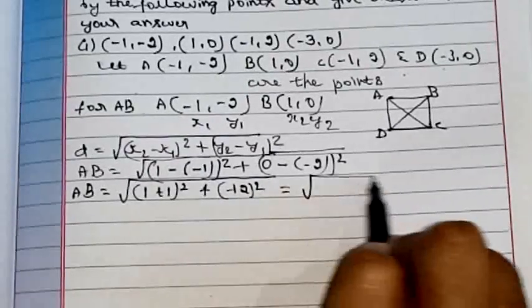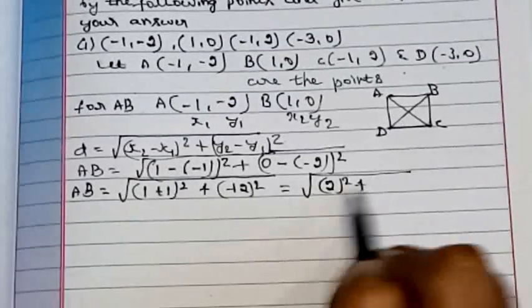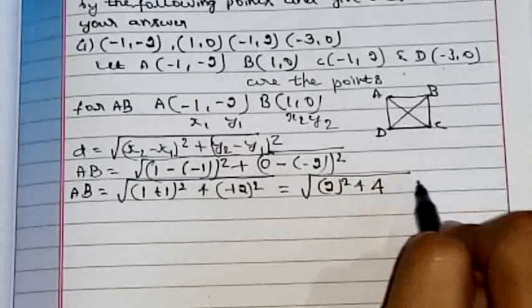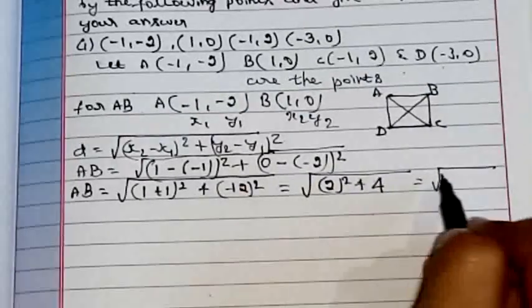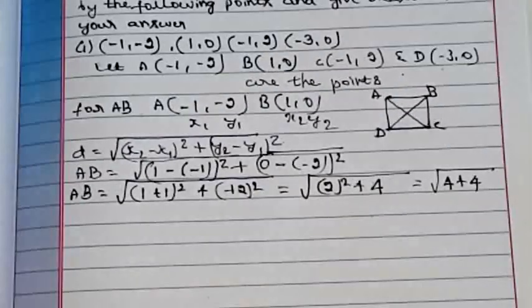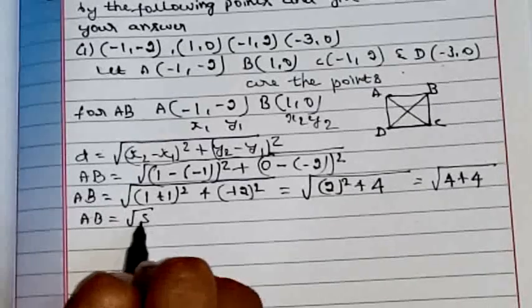That's equal to square root of 1 plus 1 is nothing but 2 square, plus 2 square is how much? 4. So that's equal to square root of 4 plus 4. So AB is equal to square root of 8.